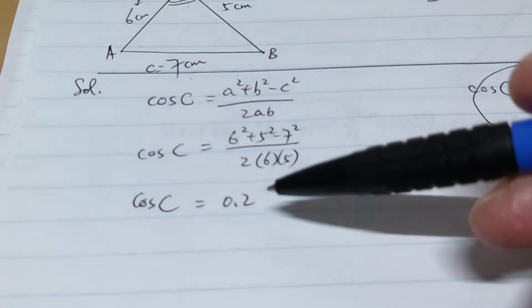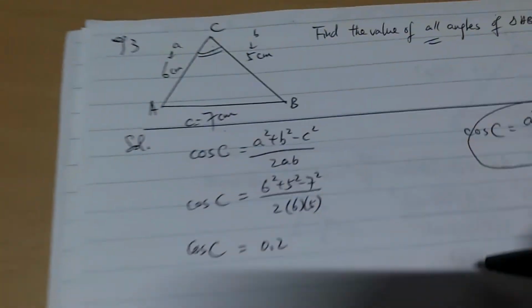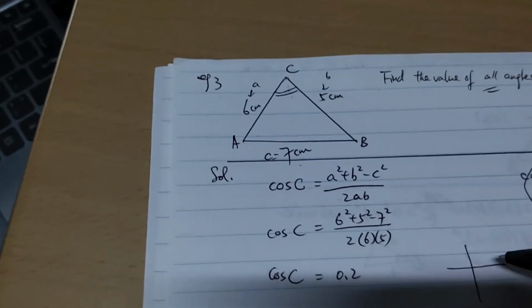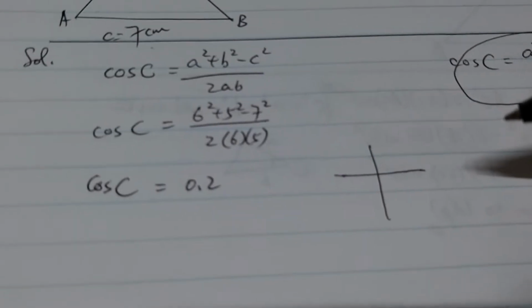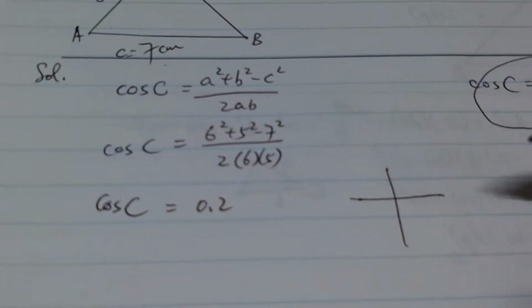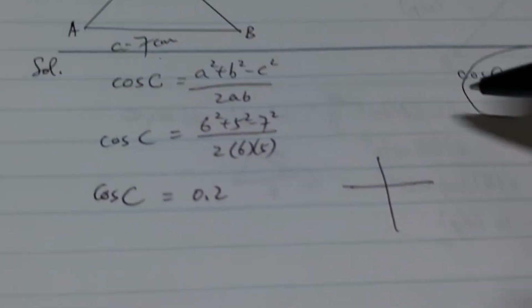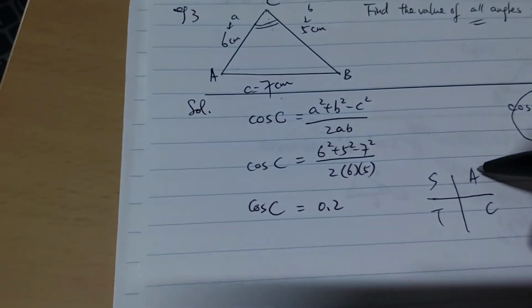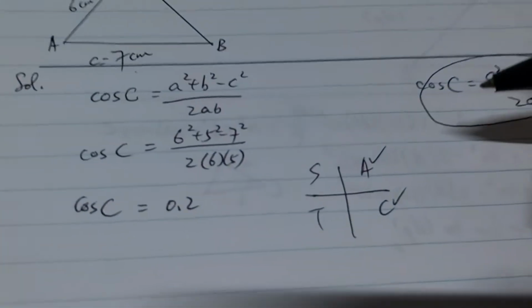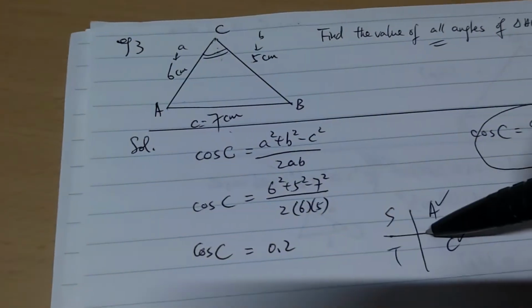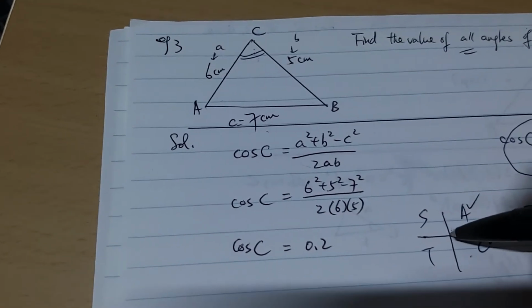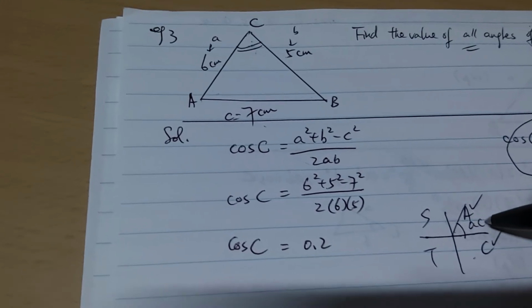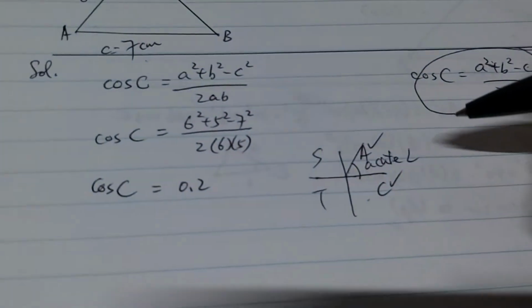That means cosine C is positive. So in S4 we have learned there are two quadrants that make the value of cosine positive, isn't it? Remember, all students take Chinese, A and C. That means the angle here and the angle here. So the angle here is an acute angle.